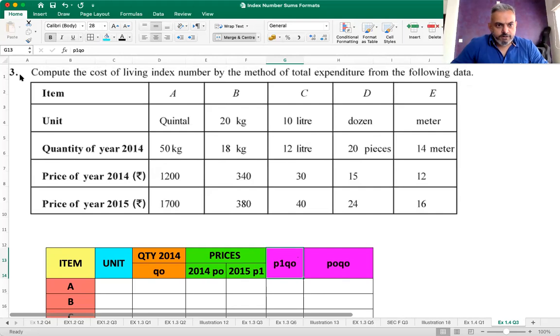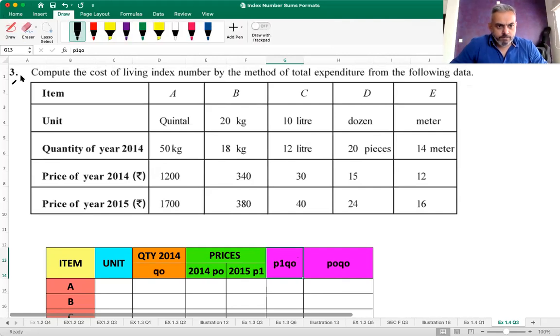In this question, we have to compute the cost of living index number by method of total expenditure. So item A, B, C, D, E, unit, quintal.